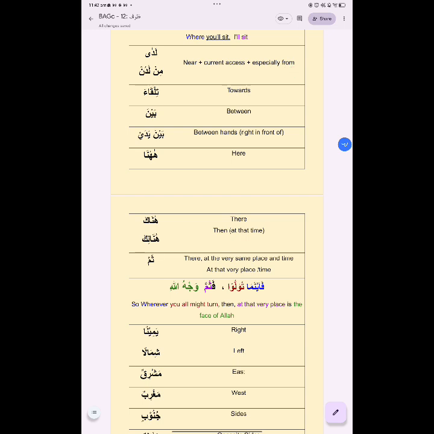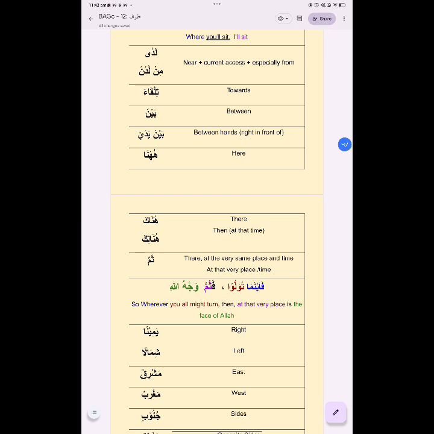When I say having current access, for example, are the car keys near you or close to you? You're going to say yes. But do you currently have access to them? Can you currently get them? If you can, you're going to say ladun. And if you cannot get them right at this moment, then you're going to use the word inda.